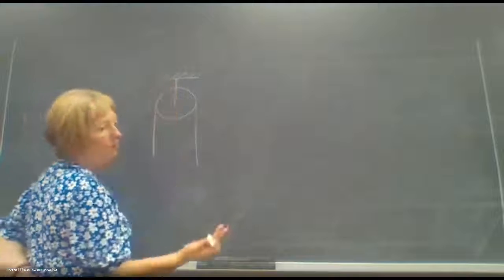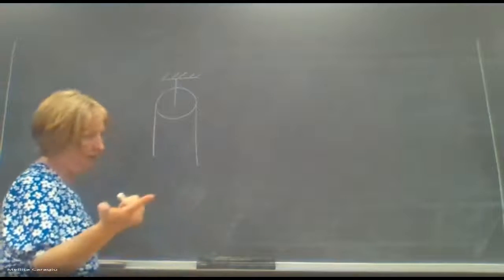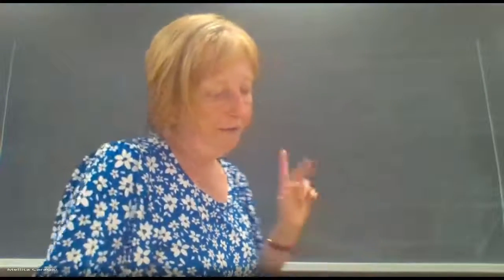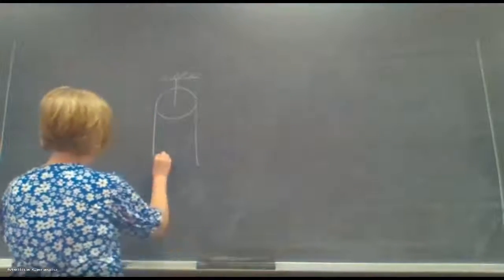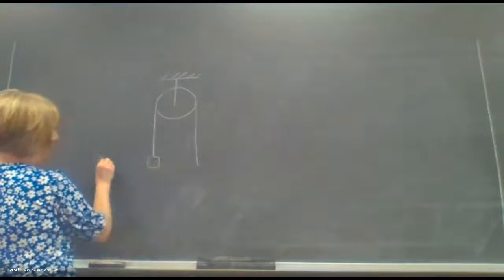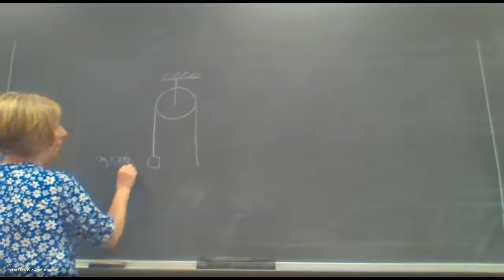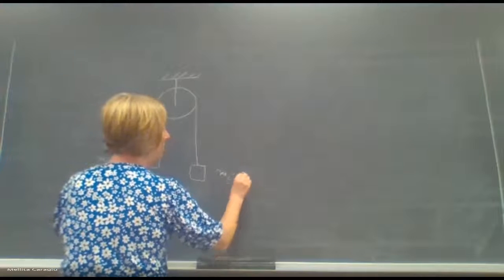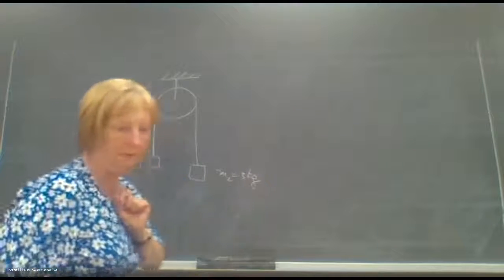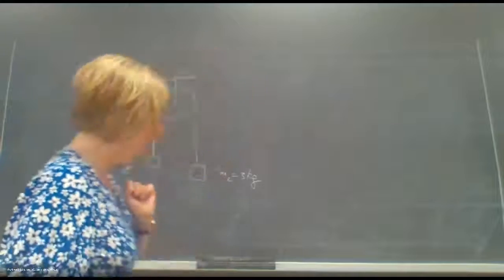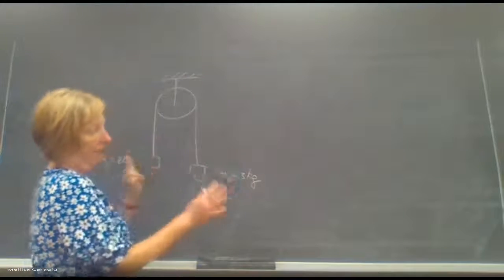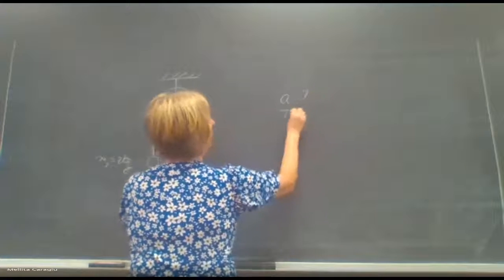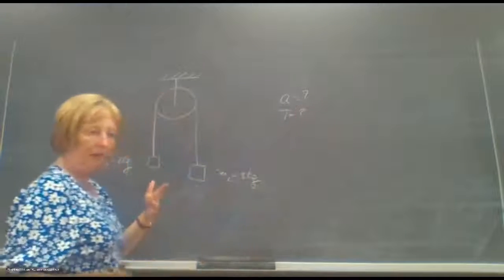An ideal string, therefore mass negligible and cannot stretch. You have two masses hanging here. This is the M1, which is 2 kilograms, and this is the M2, which is a 3 kilogram mass. And here again, two questions: the acceleration of the system and the tension in the string.